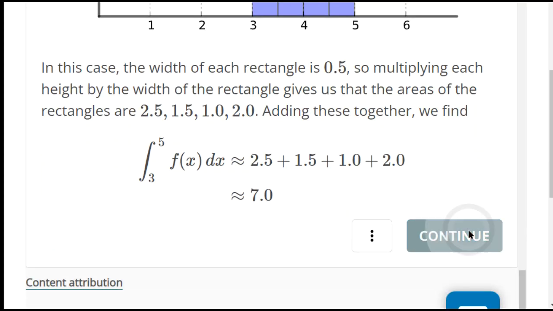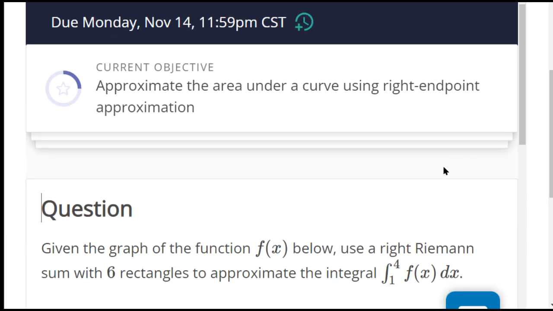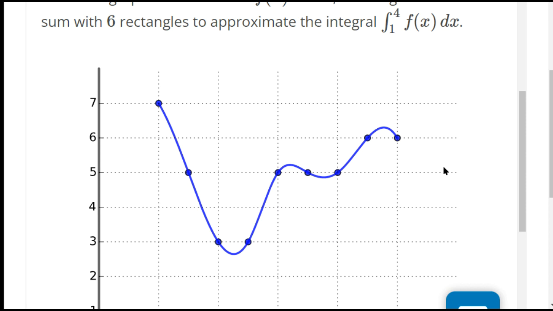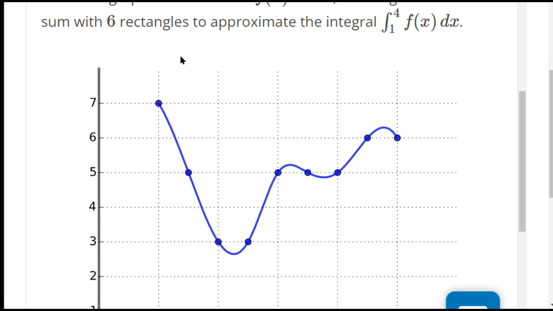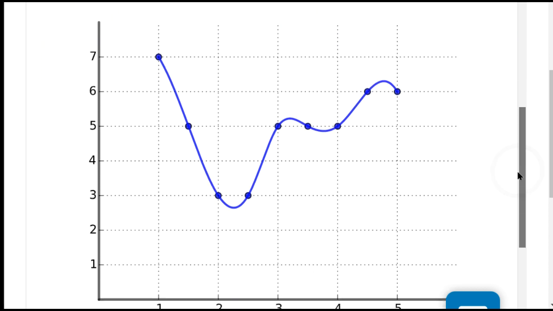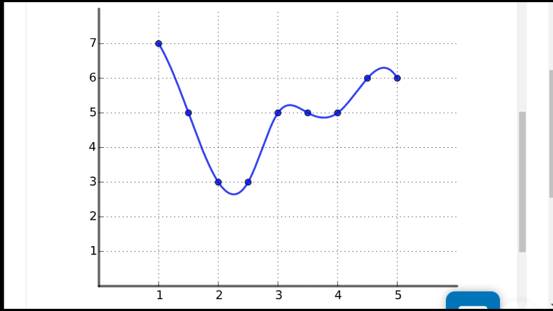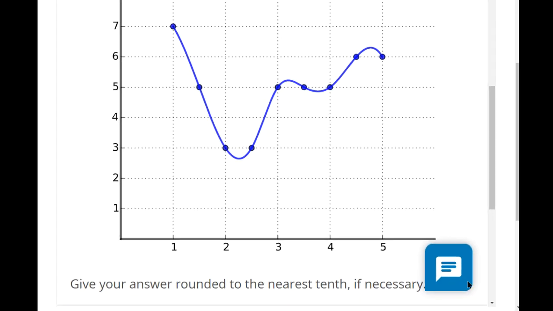Awesome. Okay, more of the same. Except now it's 6 rectangles on the interval from 1 to 4. See if I can include those instructions this time.